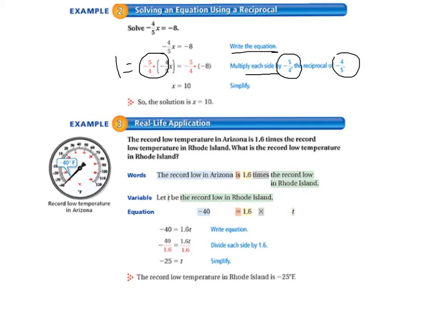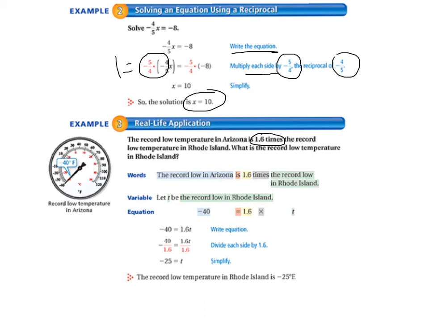So that's our simplifying step. So the solution is x equals 10. Here's our real-life application in example 3. The record low temperature in Arizona is 1 6/10 times the record low temperature in Rhode Island. What is the record low temperature in Rhode Island?